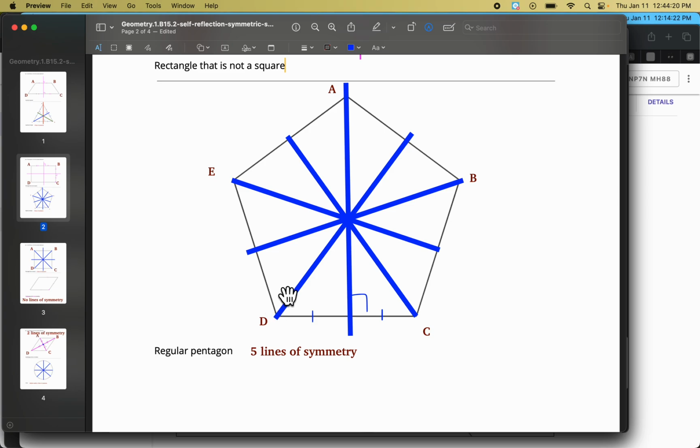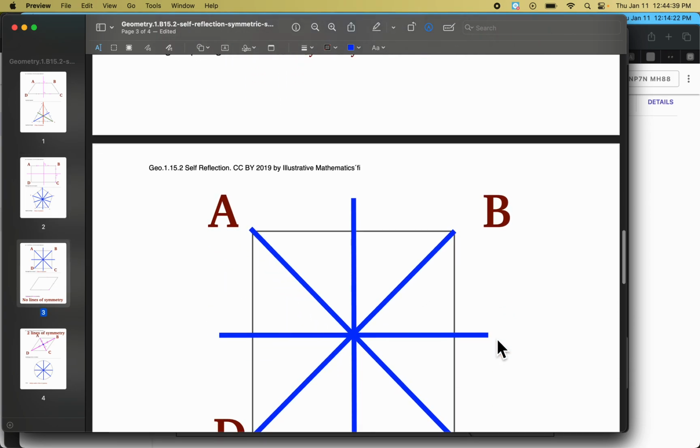From D, halfway all the way across, halfway between A and B, and from E to directly across halfway between B and C, again, always meeting at a right angle. So there are five lines of symmetry on a pentagon. I think we did the square also.